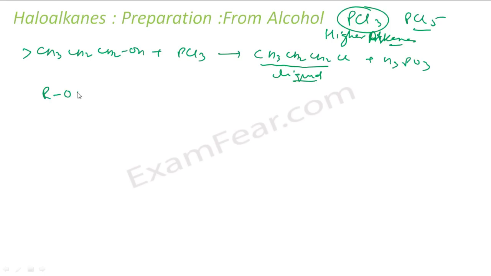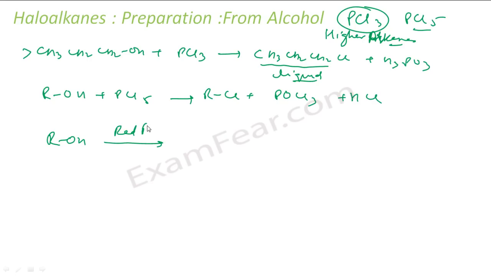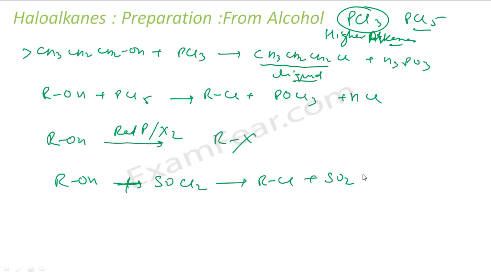PCl5 also you can use: alcohol with PCl5 gives RCl plus POCl3 and HCl. You can use red phosphorus also with any halide. You have ROH, you use red phosphorus and any halide, so this becomes RX. Or we can also use SOCl2. These reactions we'll see a lot. It gives RCl plus SO2 plus HCl.